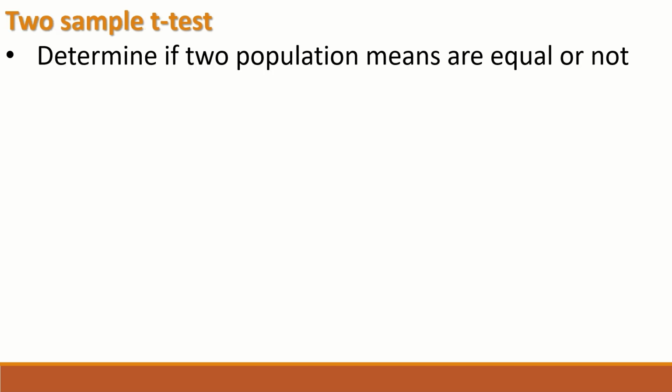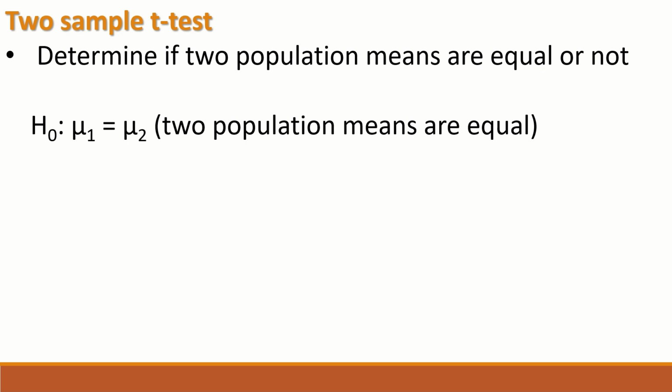The two-sample t-test will determine if the two population means are equal or not. So the hypotheses will be generated, and the null hypothesis will state that the two population means are equal.